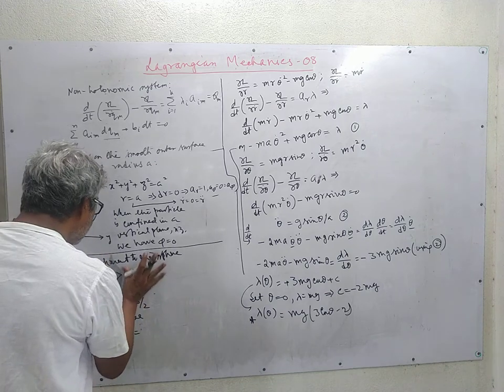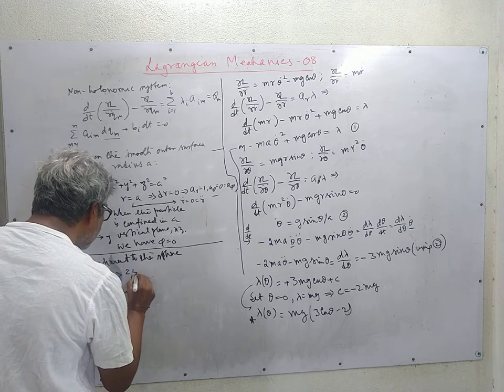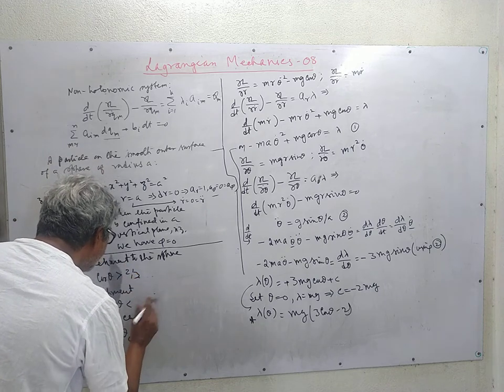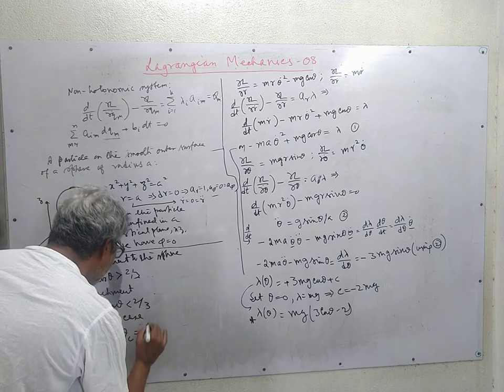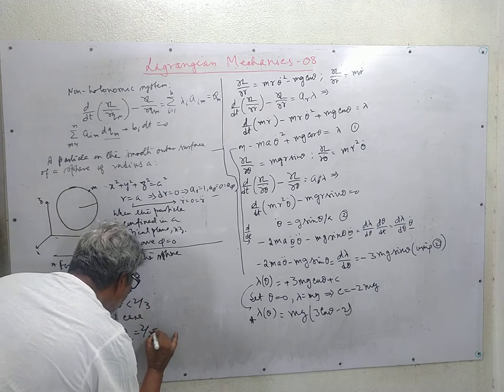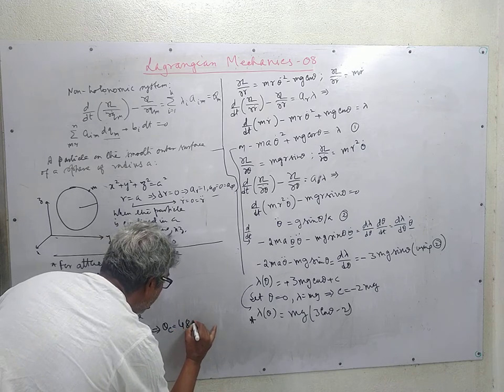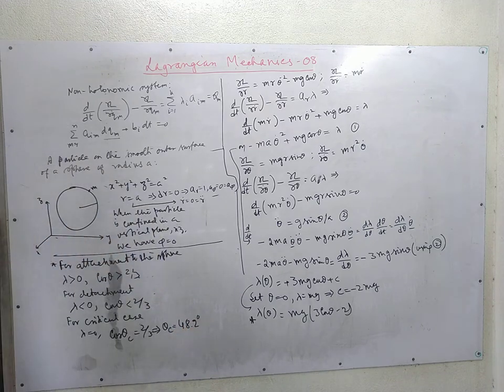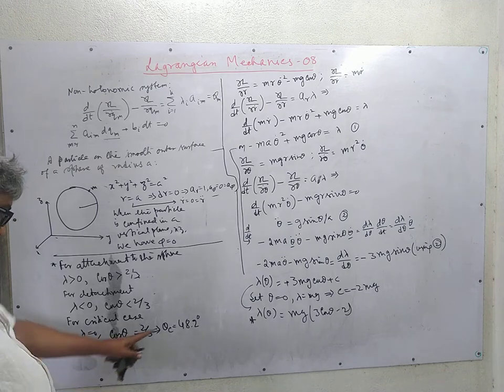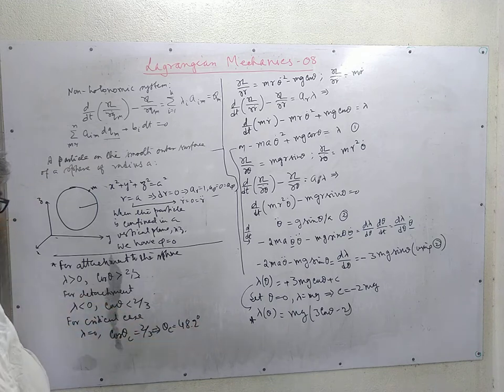I made a mistake earlier; this is 2 by 3 because it is not possible to have a value of cos greater than 1. So this gives θc around 48.2 degrees. So if the angle θ is greater than 48.2 degrees, the particle remains attached to it, and if less than this, it slips off the spherical surface.